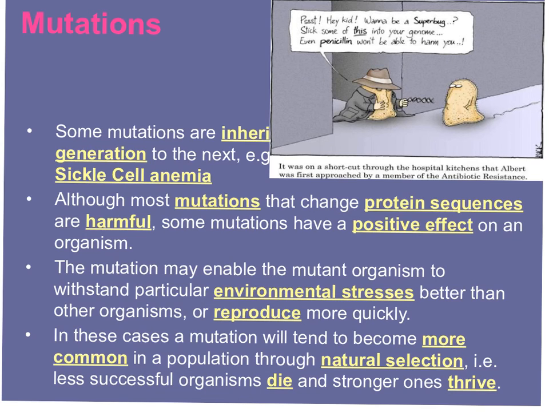Maybe it causes the animal or organism, I shouldn't suggest it's necessarily an animal, to better withstand its environment. Maybe it's better able to retain water. Maybe it's better able to reproduce. Maybe it's faster. Whatever it may be, the mutation can also be positive.